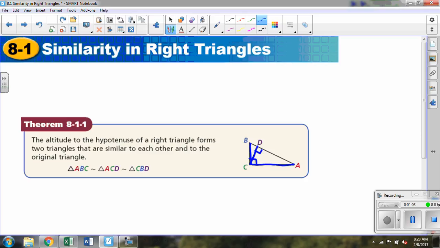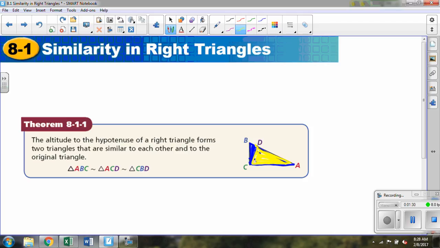What this theorem is telling us is we actually wind up having three similar triangles. This tiny little triangle is the same shape as the medium-size one, and that is still similar to the overall big one.